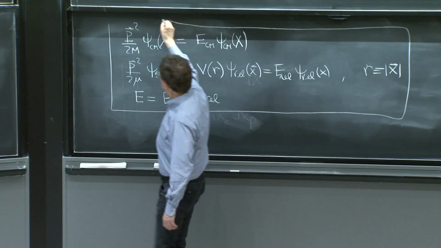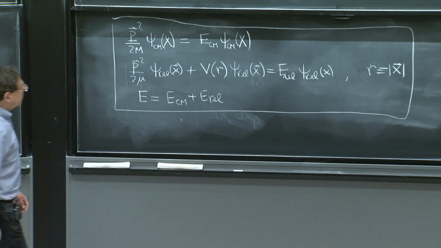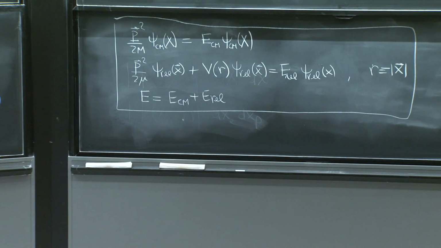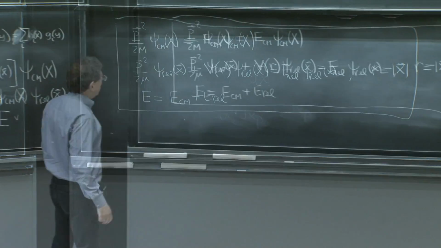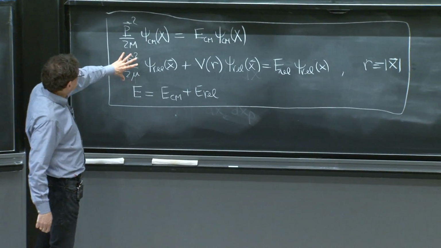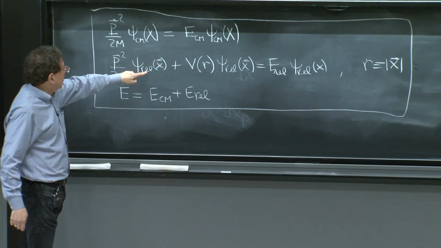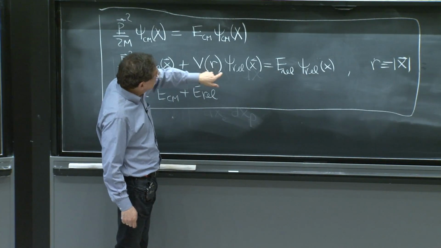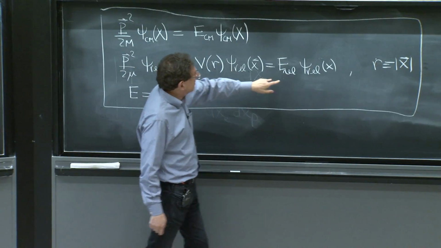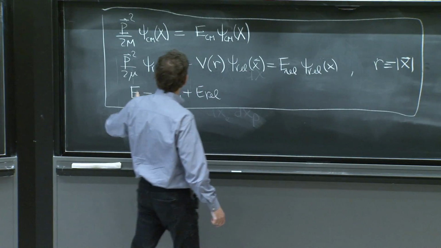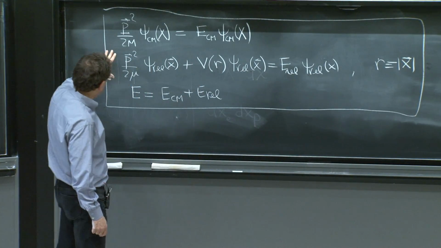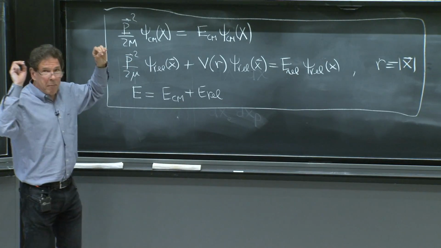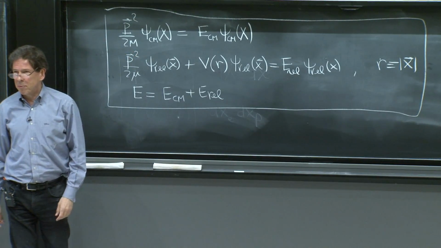So the whole two-body problem has been reduced to these three equations. This is what we aim to show. This is a gradient squared on this wave function, the central potential term, and the rest of the Schrödinger equation. So this is a Schrödinger equation for a particle in a central potential.